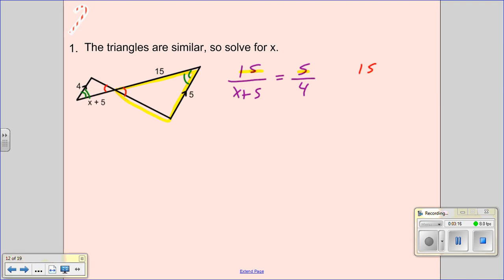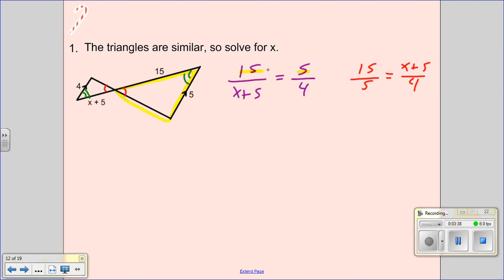I could have done 15 is to 5 as x plus 5 is to 4. This would also work. Just be careful, okay? There are several different ways to do this, but there's only a few that are correct.